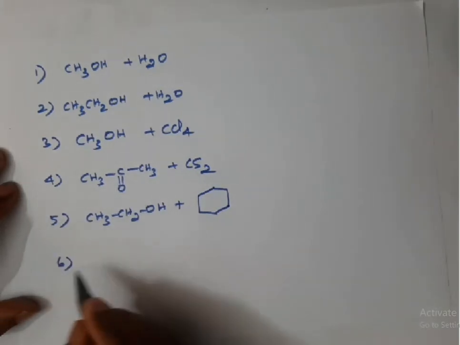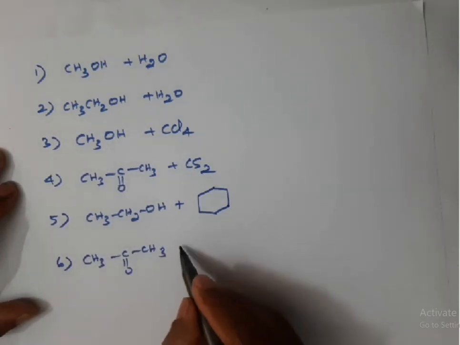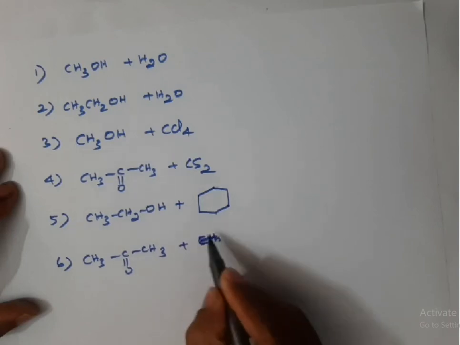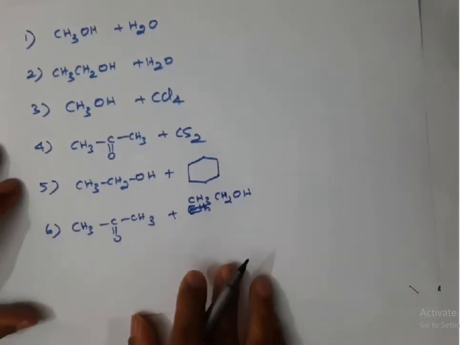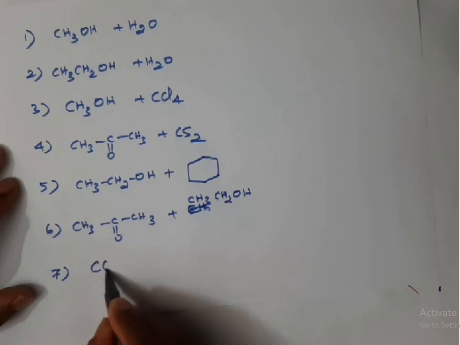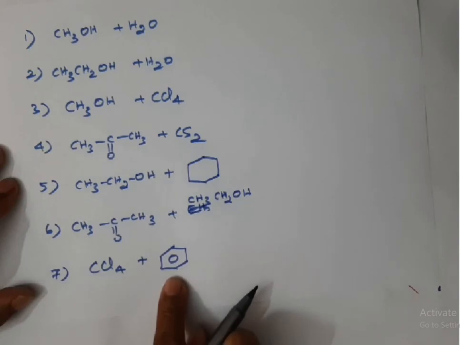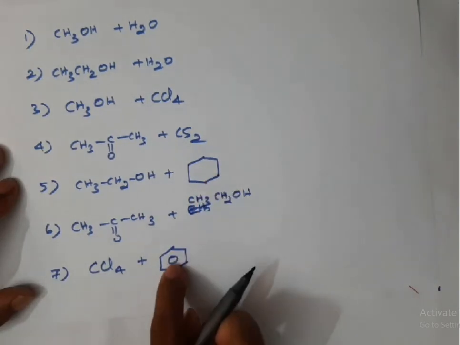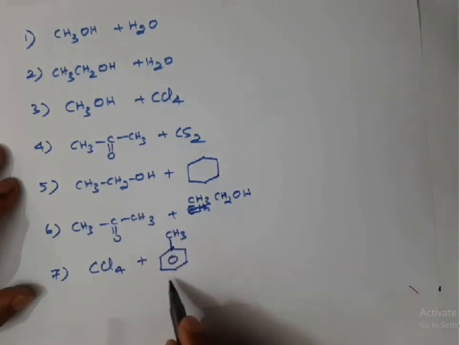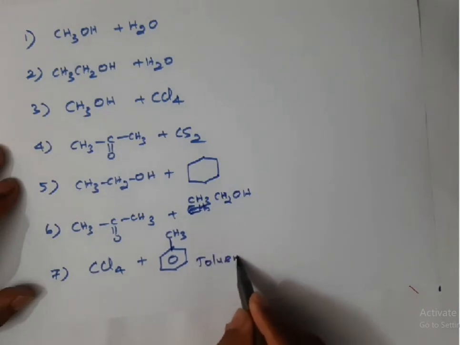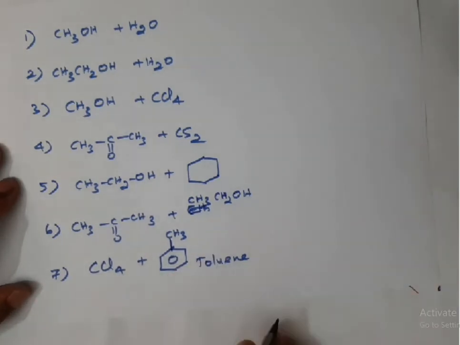Then acetone plus ethanol, CH3CH2OH, will give positive deviation. Many examples are there. Carbon tetrachloride plus toluene. Student, this molecule is cyclohexane. This molecule is benzene. In benzene, if I attach a methyl group, I'll get a compound called toluene. Toluene and carbon tetrachloride mixture will form positive deviation.